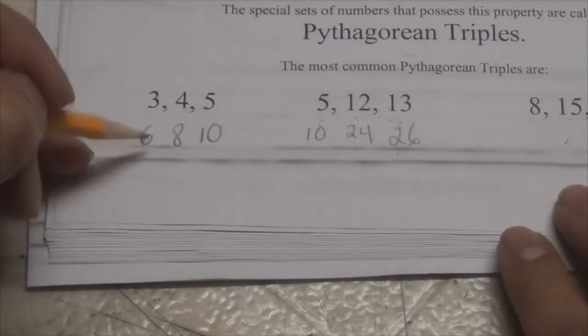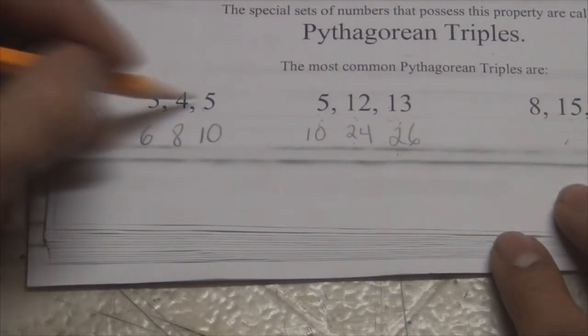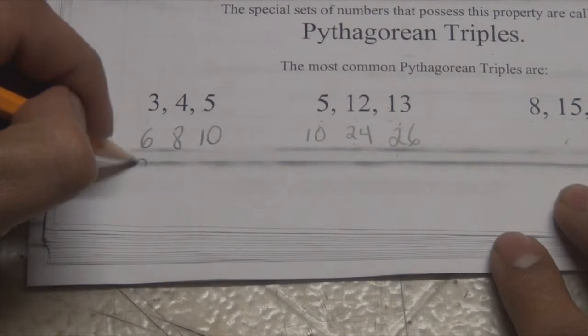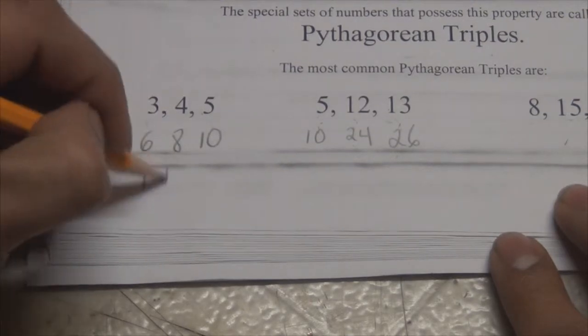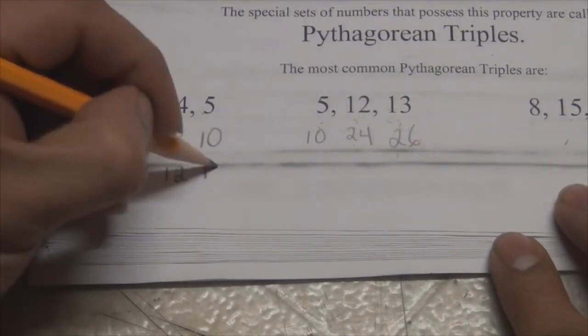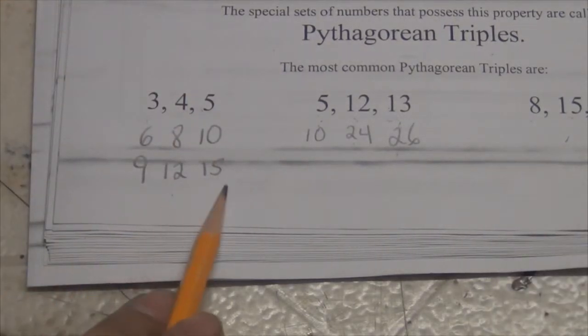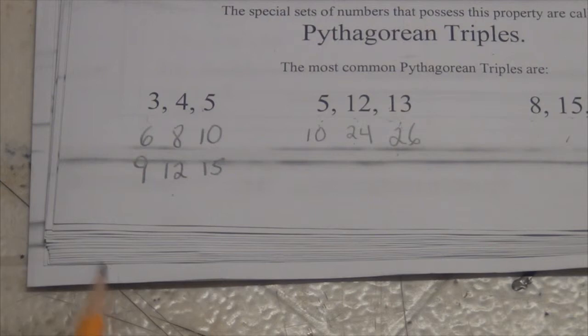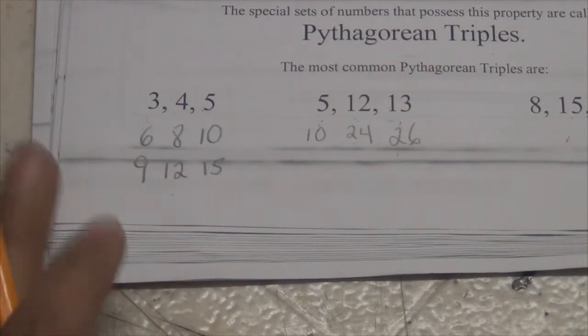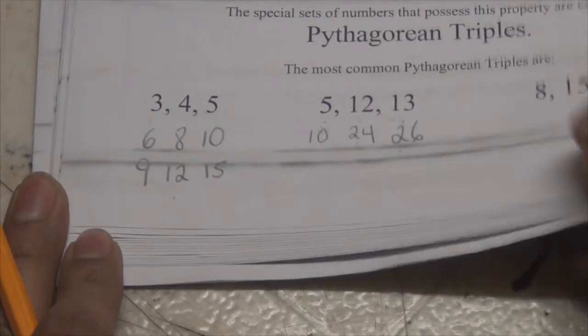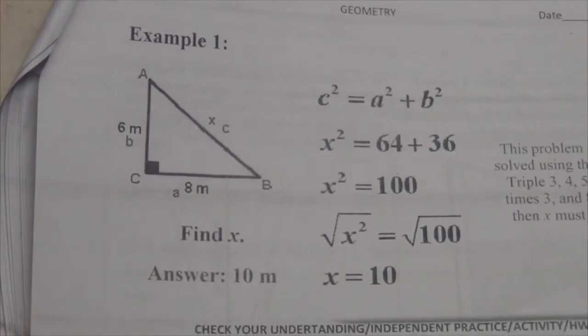Look, this one, from the originals, how do you think I got these numbers? 9, 12, and 15. 9 squared plus 12 squared equals 15 squared, believe it or not. 81 plus 144 is 225. All right then. Let us move on. So the example.